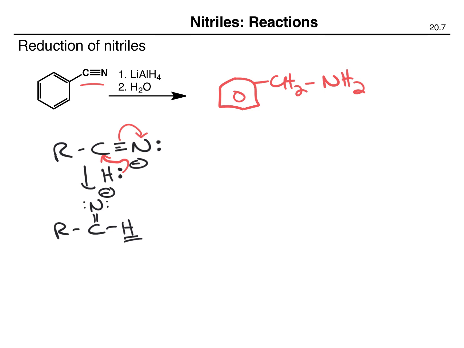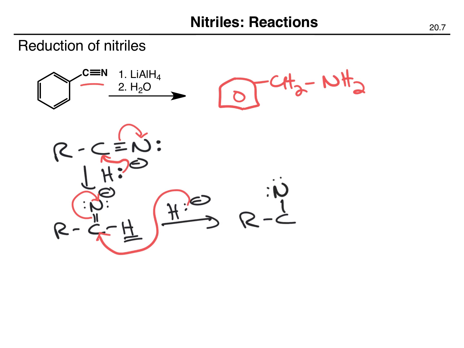Now another equivalent of hydride can add, and this is one that probably doesn't seem very believable, and it's because I am skipping some details, but that would give us a single bond to nitrogen with 3 lone pairs and a charge of -2, and a hydrogen connected to the carbon.